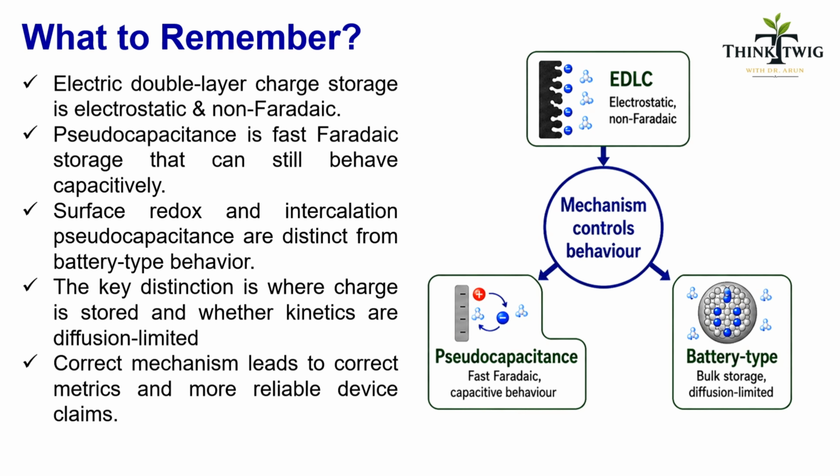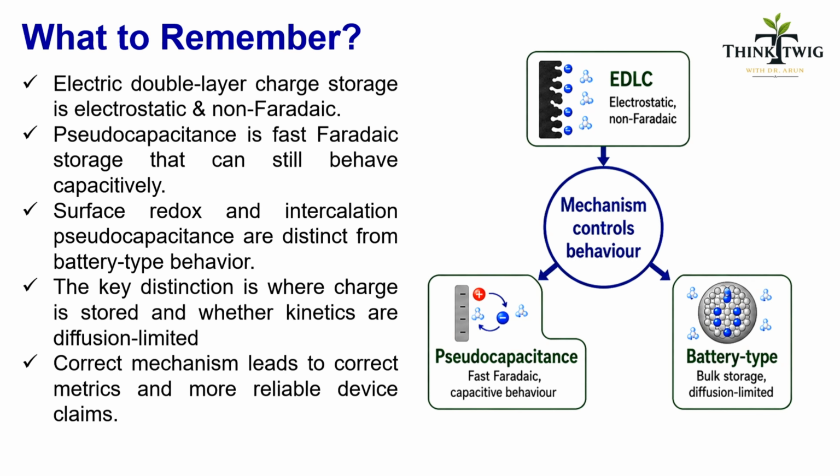So, when you look at a new material, do not begin by asking, is this a pseudocapacitor? Begin with better questions. Where is the charge actually being stored? Does electron transfer occur? How does the response change with rate? Is long range diffusion controlling the process?